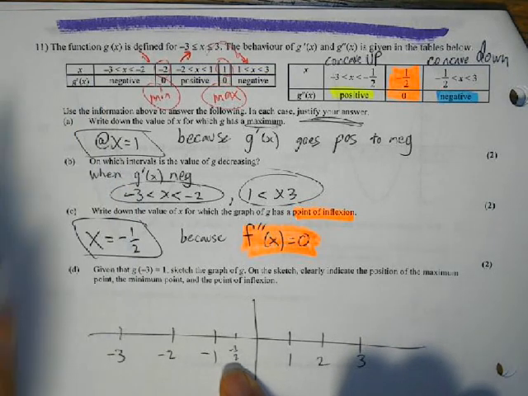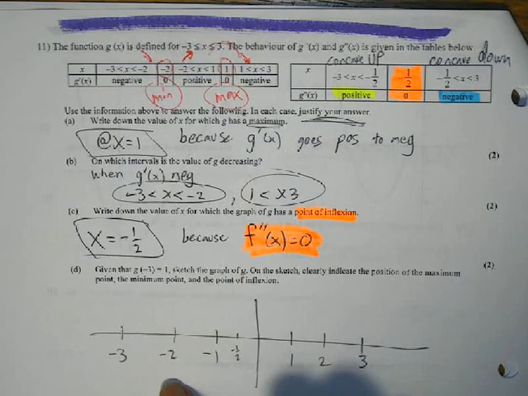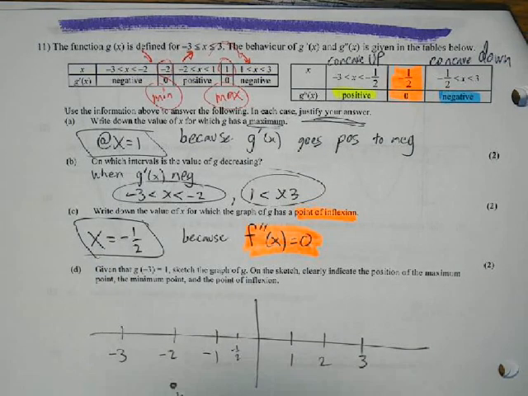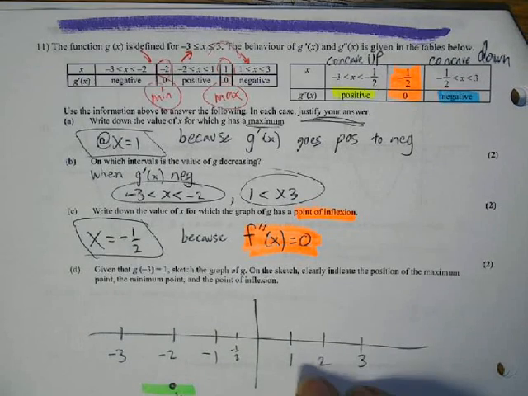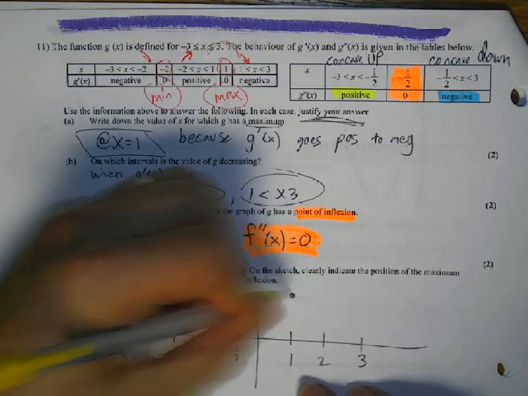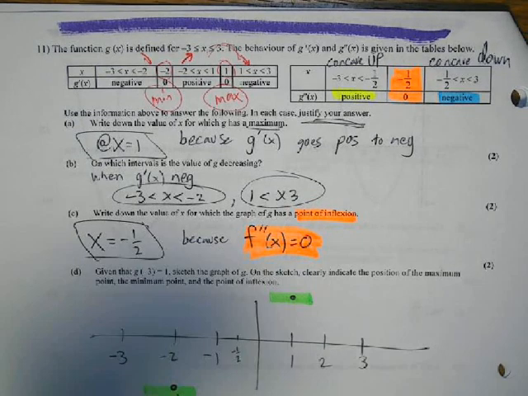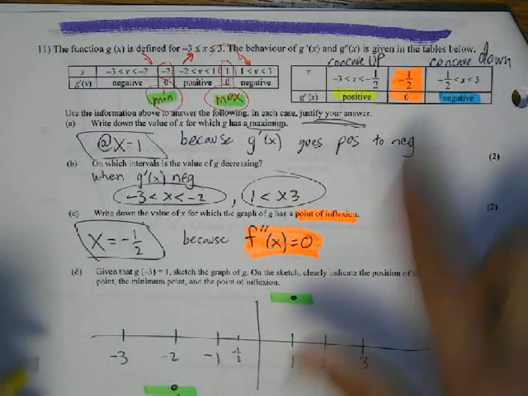We've got a minimum at -2. We've got a maximum at 1. And we have an inflection point at 1/2.